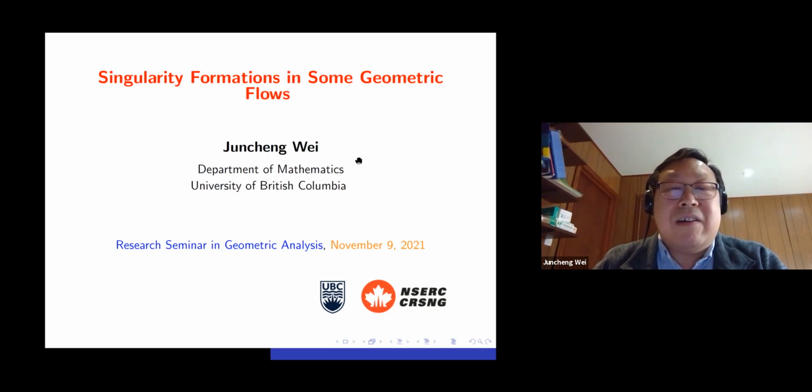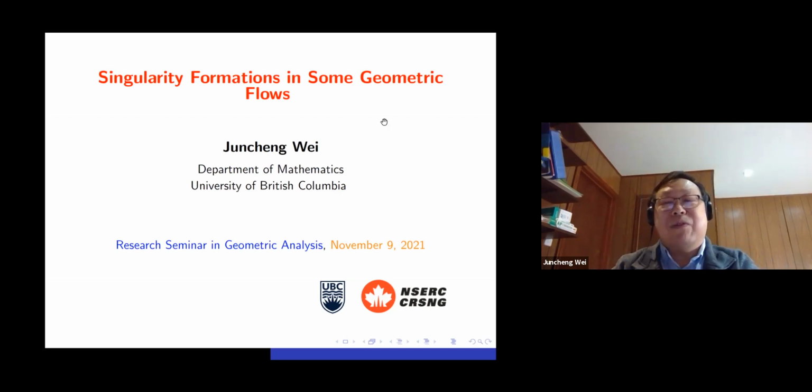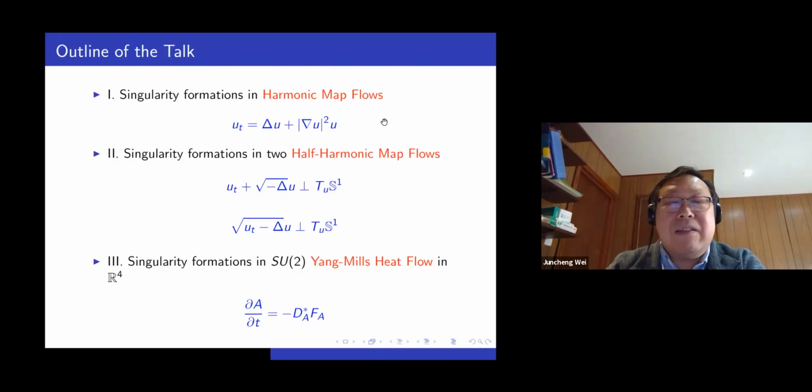So I'm going to talk about some recent work on singularity formations in some geometrical flows. Basically, I'm going to talk about three flows. The first one is the Harmonic Map Flow. This is the classical flow.